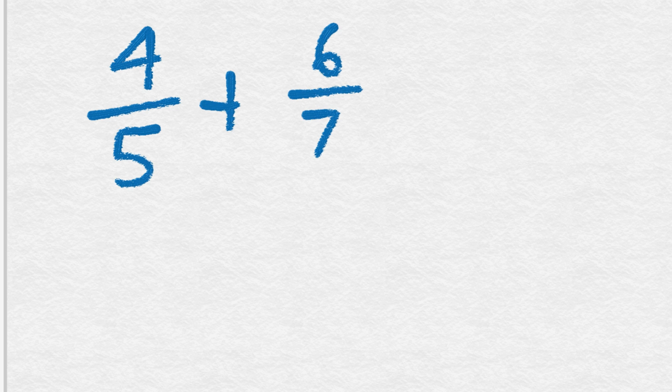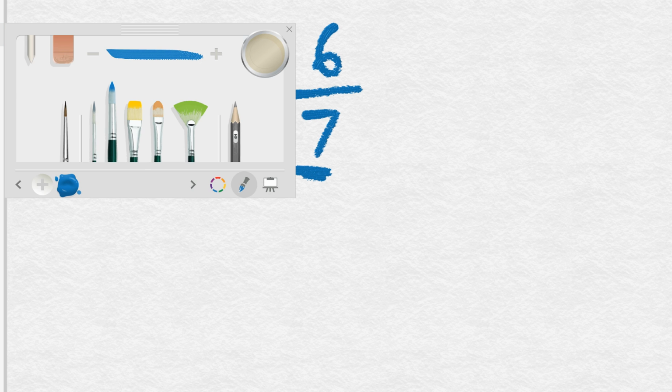Okay, 4 over 5 plus 6 over 7. Largest number 7, can you multiply 7 by something to equal 7? No, you can't.